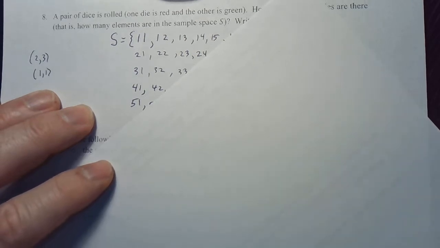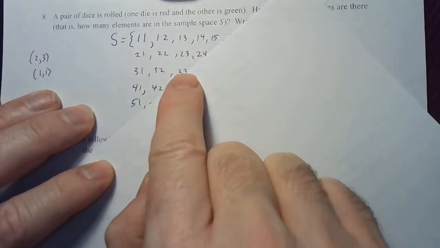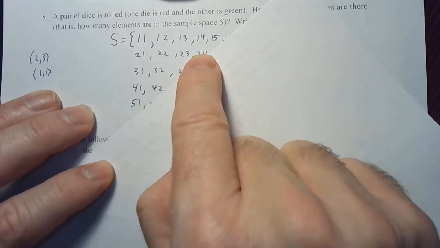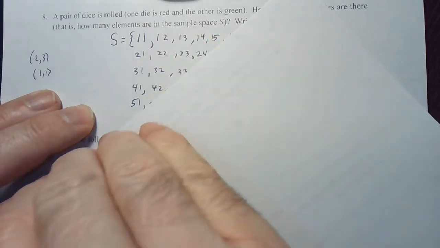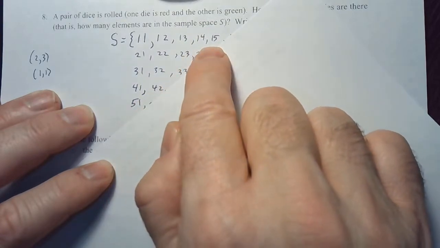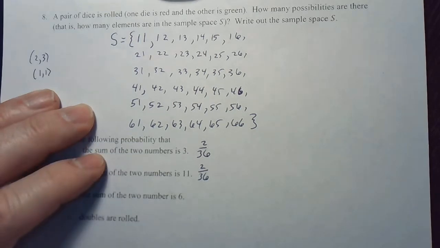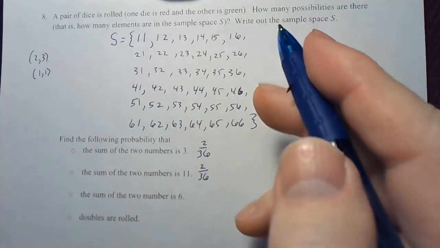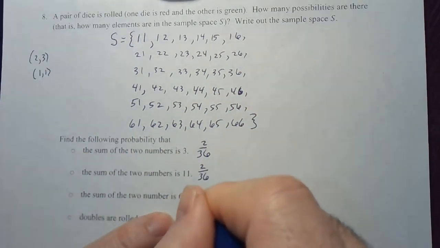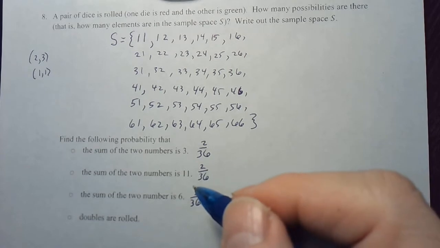It goes from 5,1, 4,2, 3,3, 2,4, 1,5. So that one diagonal there that has 1, 2, 3, 4, 5 elements, that's the only way you can get a 6. Those 5 different ways. So 5 over 36 is the probability of getting a 6.